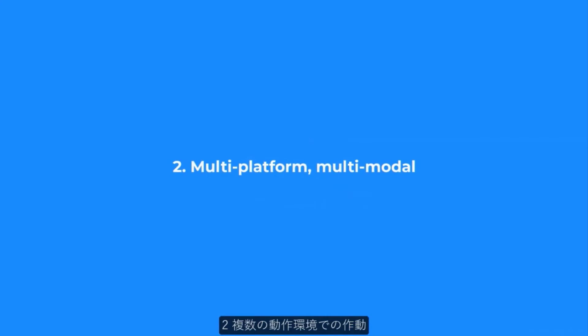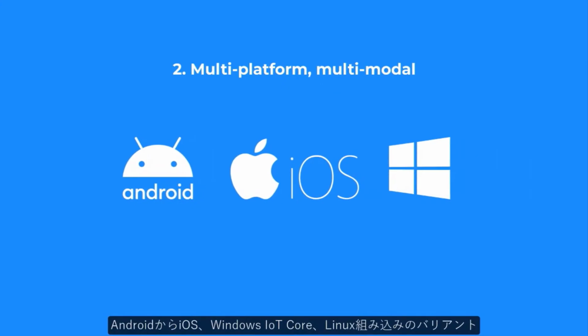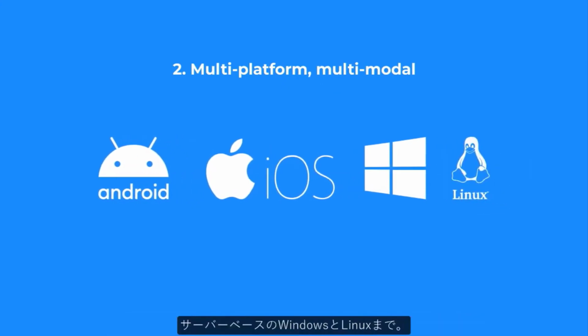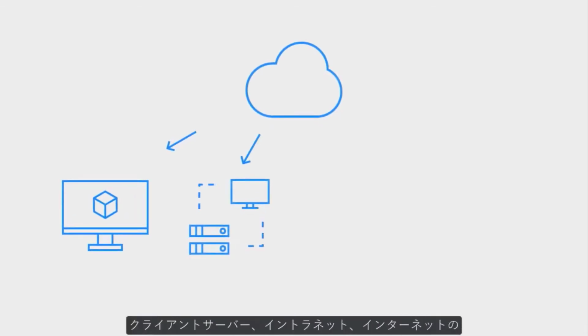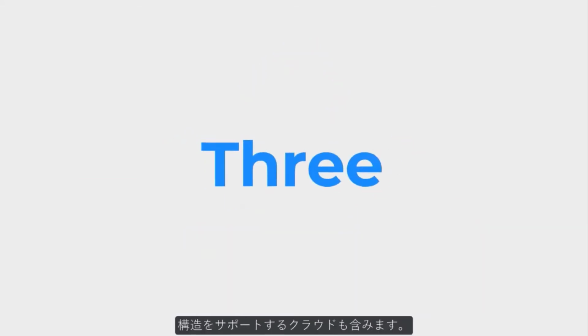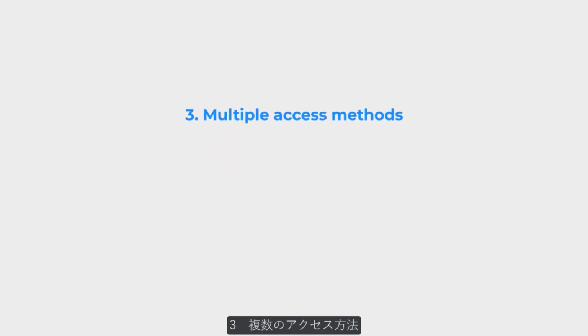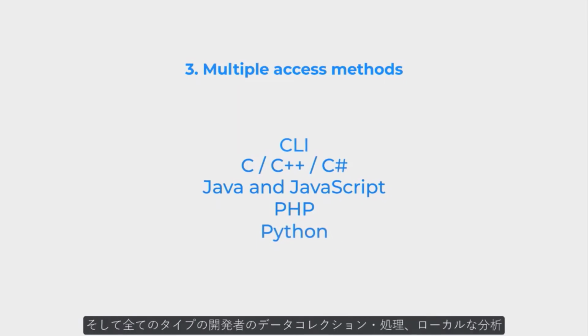Run on multiple operating environments from Android, iOS, Windows IoT Core, and variants of embedded Linux to server-based Windows and Linux as well as cloud and virtual machines and containers, supporting client-server, intranet, and internet configurations. 3. Multiple access methods including command line interfaces and programming, and various scripting languages, thereby supporting developers of all types for data collection and processing, local analytics, remote query and reporting.